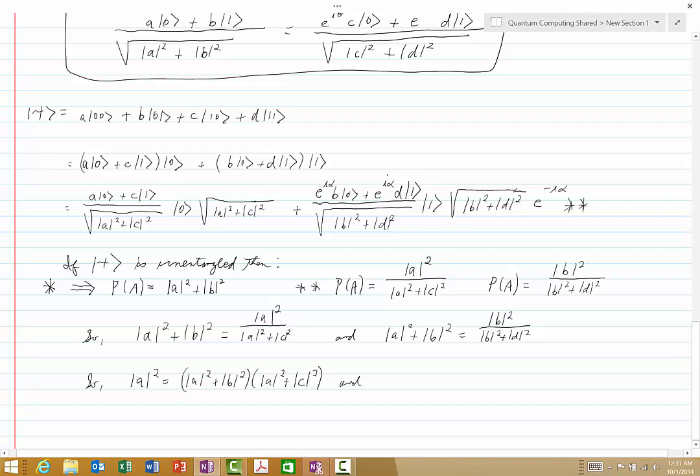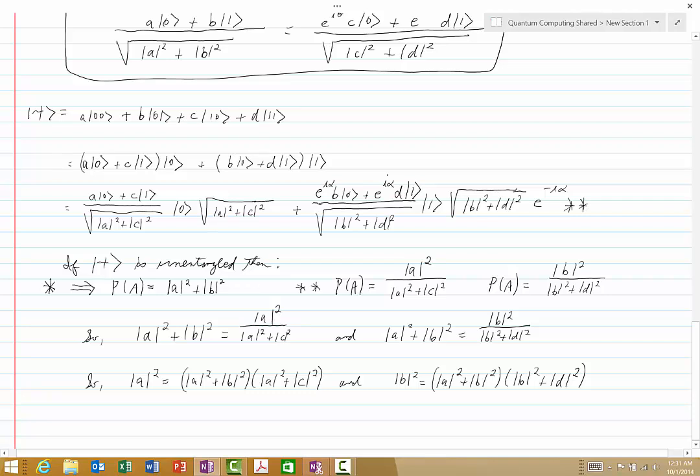And for this one, the magnitude of B squared is equal to the magnitude of A squared plus the magnitude of B squared times the magnitude of B squared plus the magnitude of D squared.